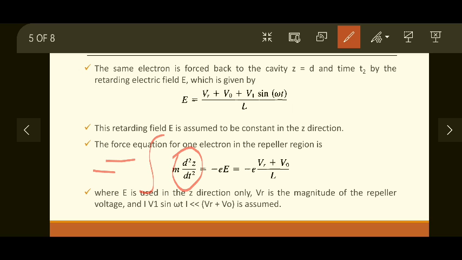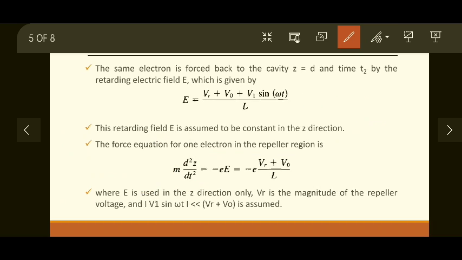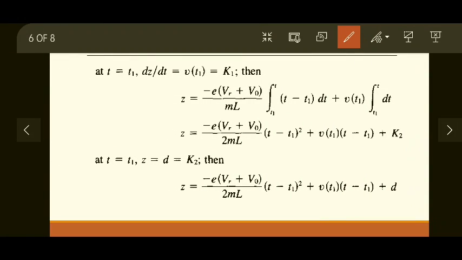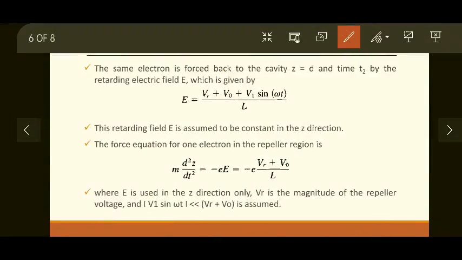If you integrate d2z by dt square, forget about m, I will get velocity. If we further integrate velocity, I will get the displacement, that is d. Okay, so let's do that. So at t is equal to t1, recall the actual diagram.